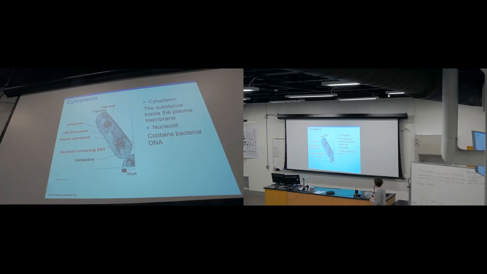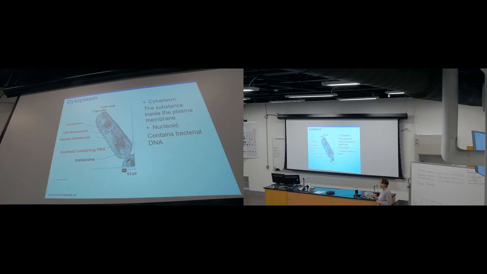So those were then components of the plasma membrane and their function, the channels, how they help for transporting molecules. Now let's talk about the internal components of the bacteria. So cytoplasm.